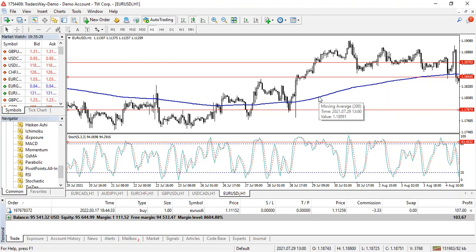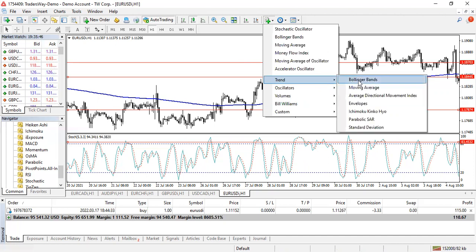As I said earlier, you can only make profit out of the market when the market is trending. So this 200 moving average lets me know if there is a trend in the market or not. We have many other indicators we can use to identify trend: Bollinger Bands, envelopes, Ichimoku, parabolic SAR, standard deviation.